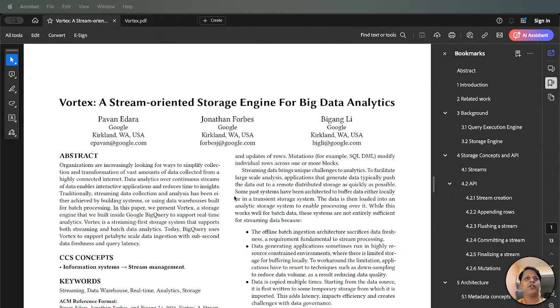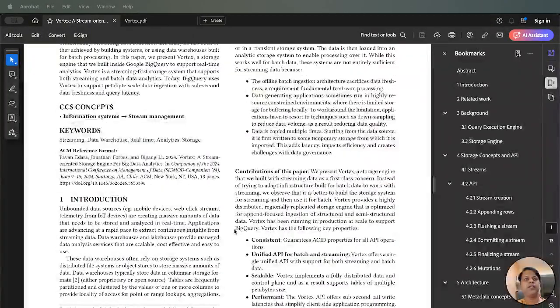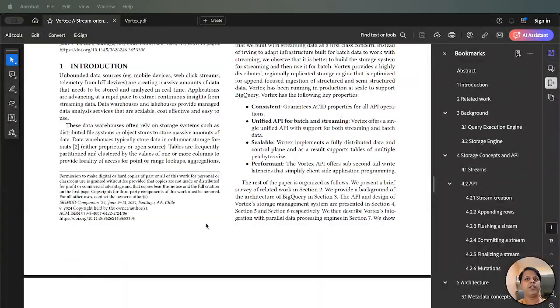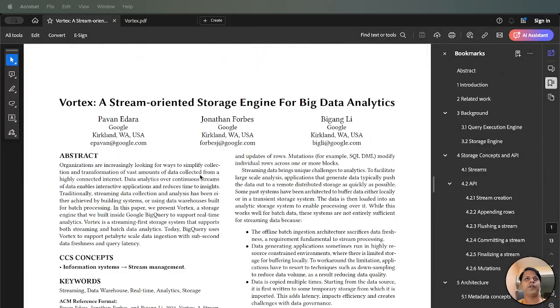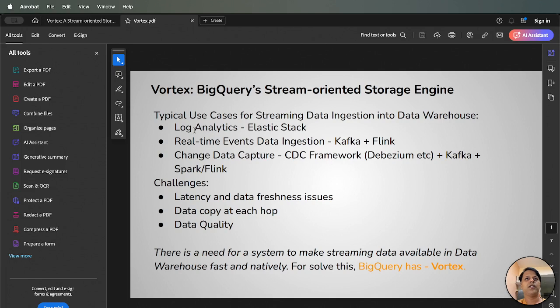So before we have a walkthrough of the paper, let's dive into a bit of BigQuery, what is the use case of this paper, and then we will have a walkthrough of the paper, various sections, and we will look at all the architectures and all the results related to it.